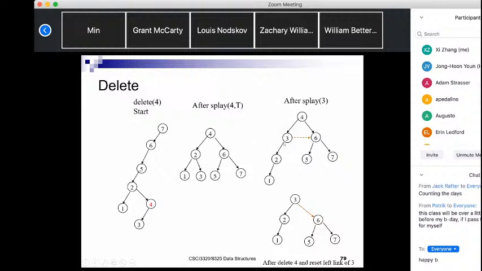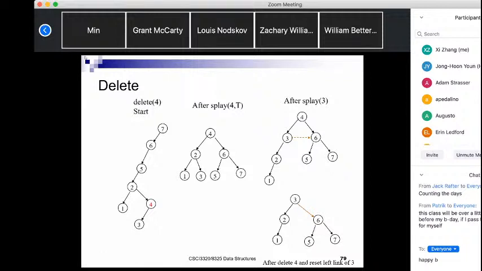So let's do one more exercise for the delete operation, but let me come up with an example. Switch to the back end.